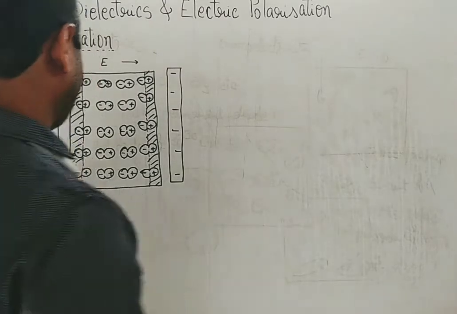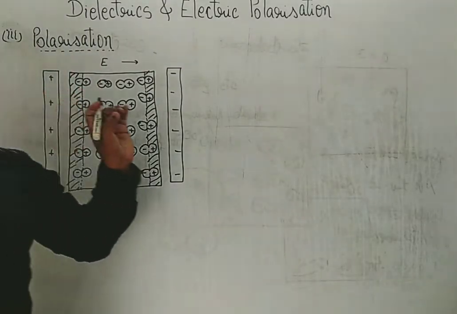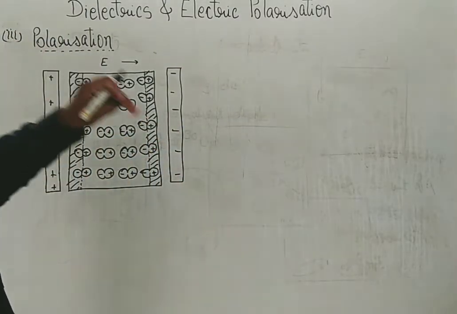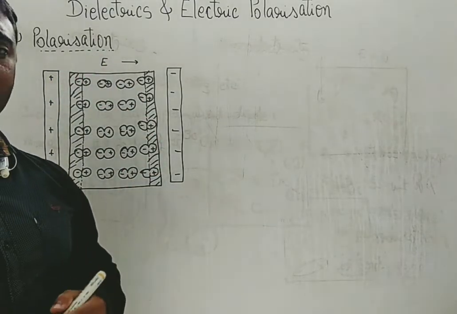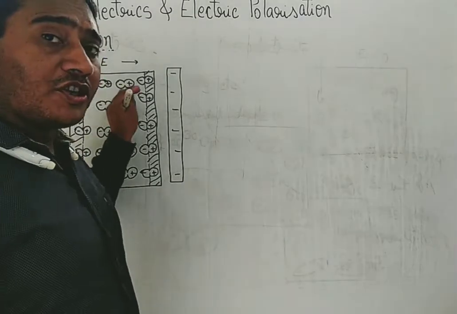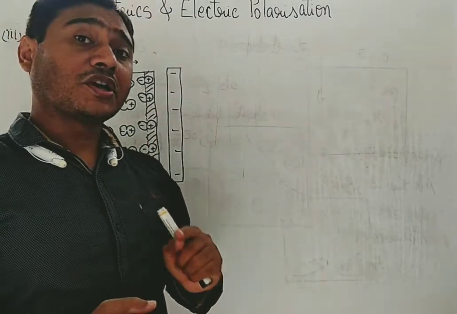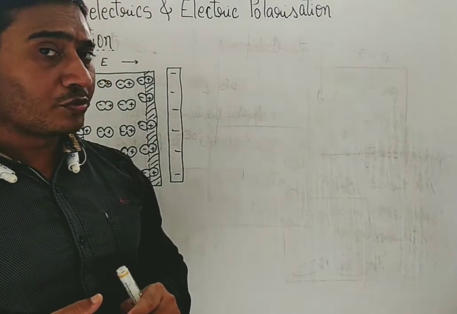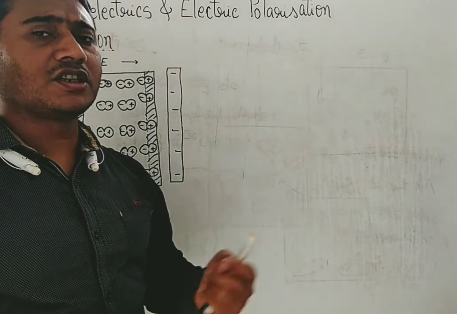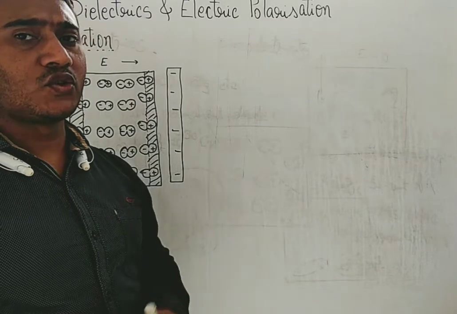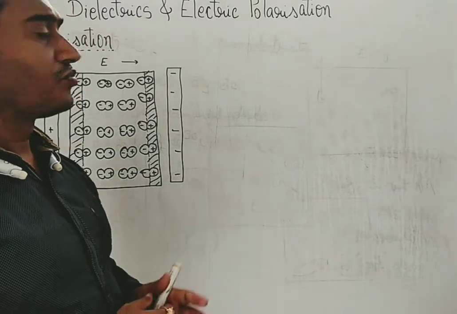so this way the molecular dipole moments are aligned under the effect of this electric field. The alignment of permanent or induced dipole moments along the direction of the external electric field is called polarization.